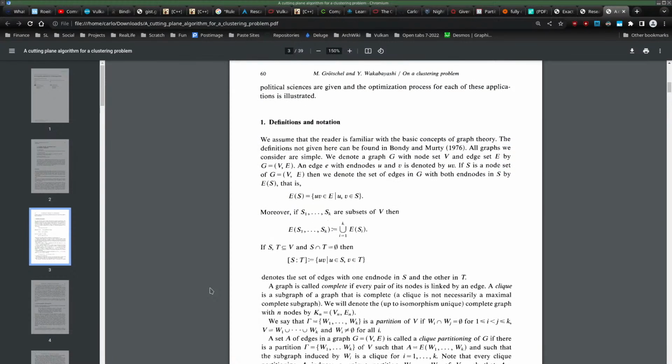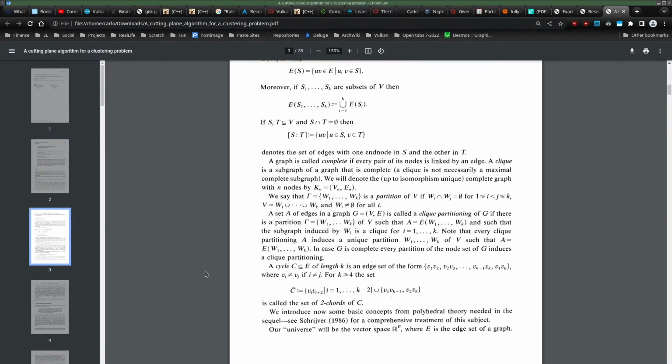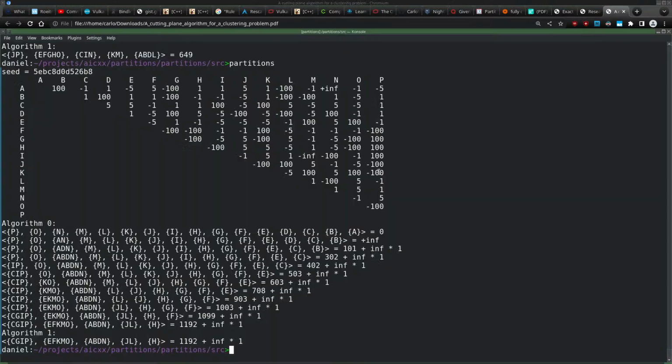Apparently, in graph theory, a clique, C-L-I-Q-U-E, is a subgraph that is complete. So this is a graph.